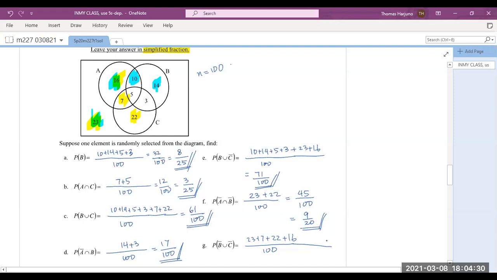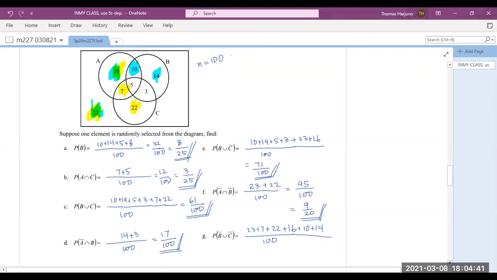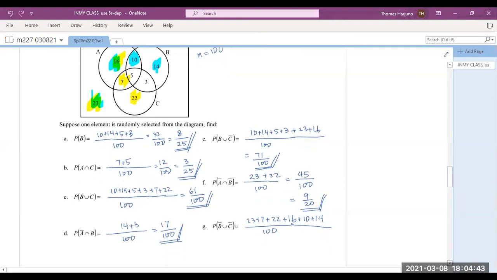Or outside of C, 23 already counted, 16 already counted. I need to have 10 and 14. So that's 30, 52, 68, 78, 92. Reduced by 4, that's 23 over 25.